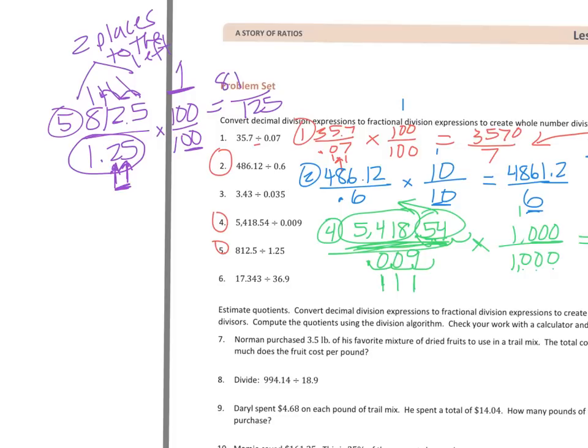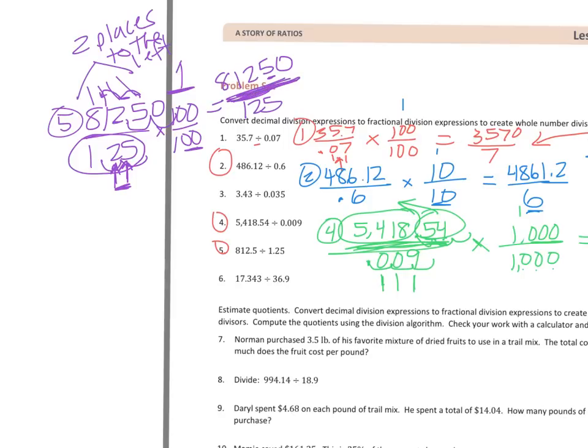So 8, 1, 2, 5, that's the tens place. I need a 0 there to be in the ones place. And again, we used to say if we're multiplying by 100, 1, 2, and then we could add our 0 for a placeholder. That's easier, but we're not moving the decimal place. We're moving the digits. So the digits are moving to the left 2 places.